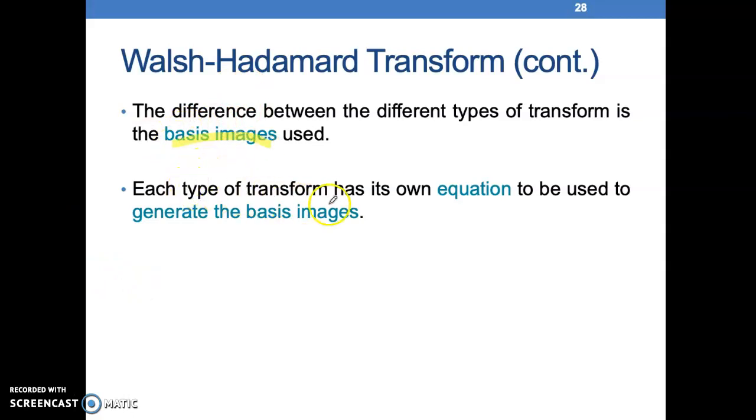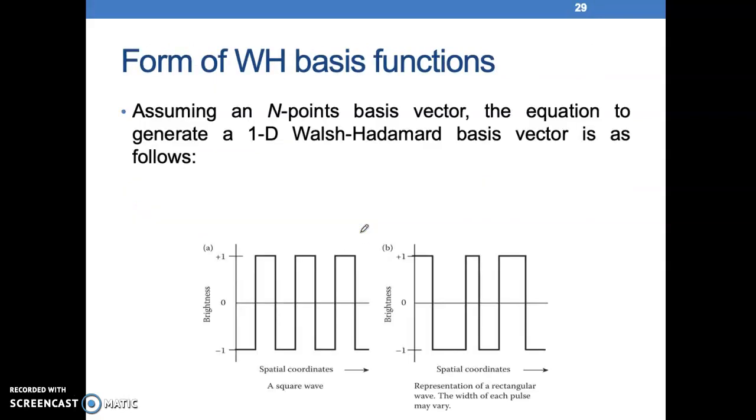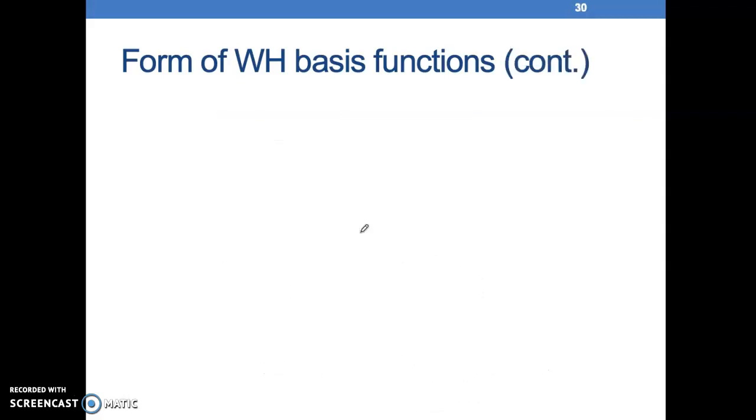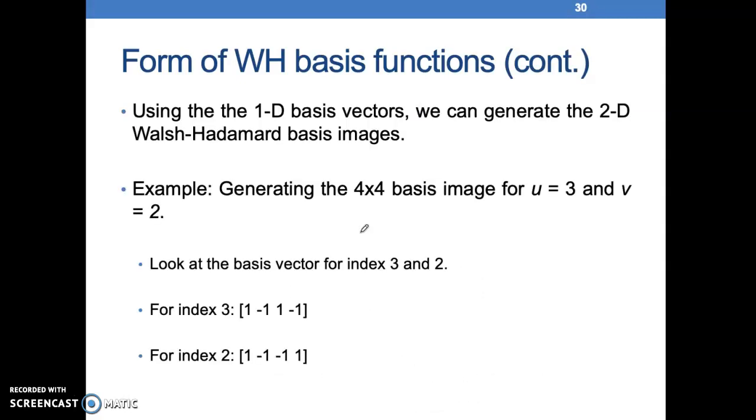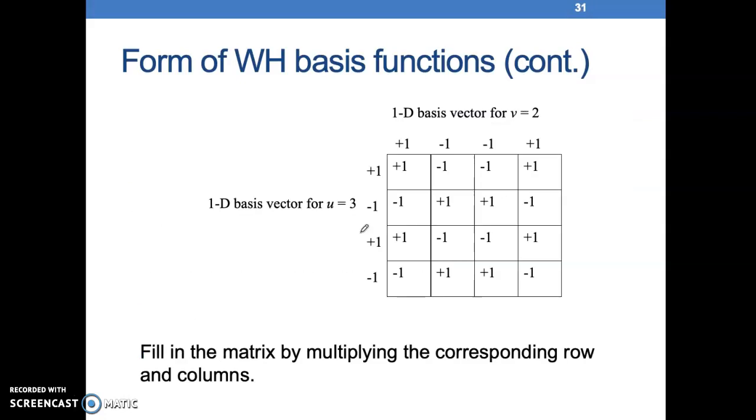So each type of transform has its own equation to be used to generate the basis image. Okay, I will skip this one. Okay, this is how they get the basis image.